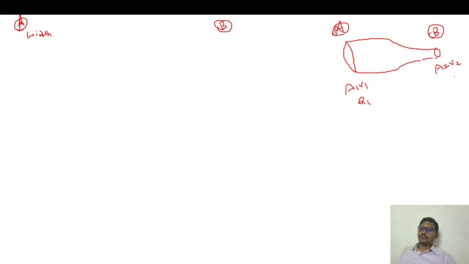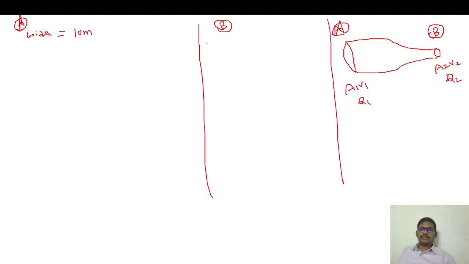A1 V1 is also known as Q1, A2 V2 is also known as Q1. Now at the first section the width is 10 meters. Now the second section width is 5 meters.